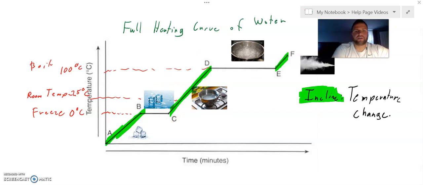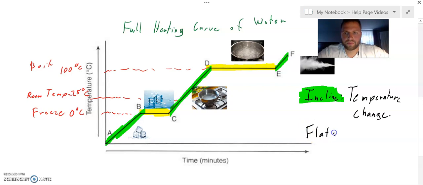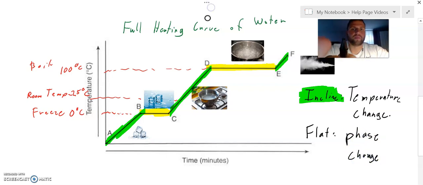Now we're going to take our yellow highlighter and we're going to highlight the flats of the curve. A flat section is considered a phase change. What this means is that we are in between two different types of phases. We're going from one to the other.